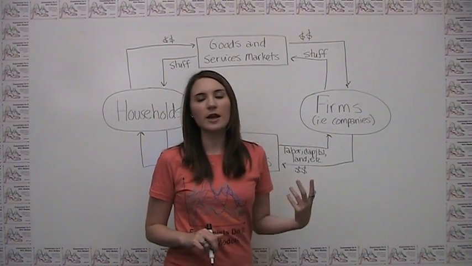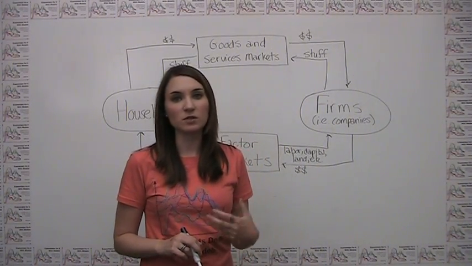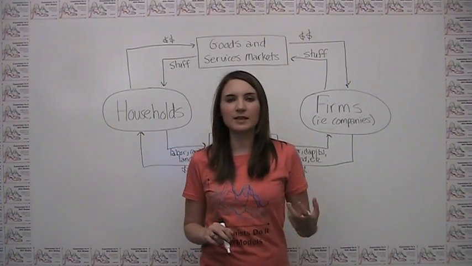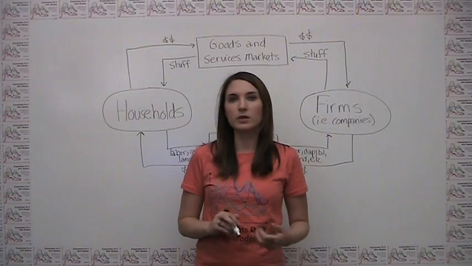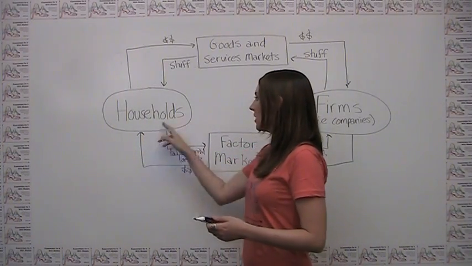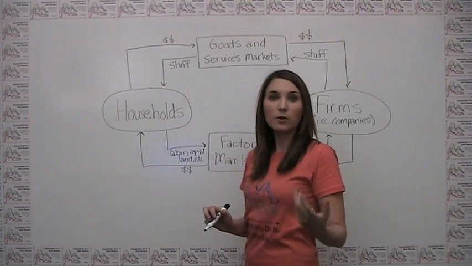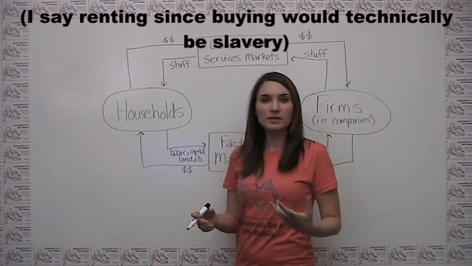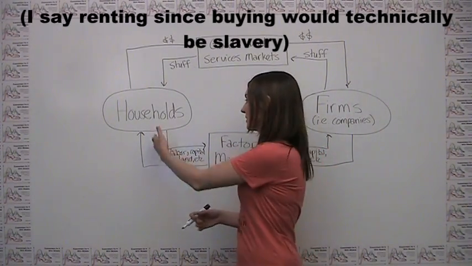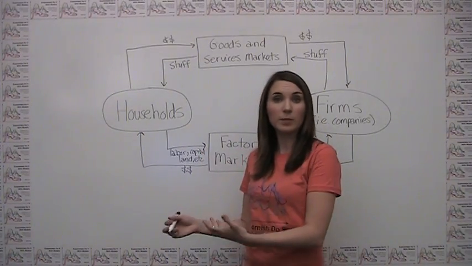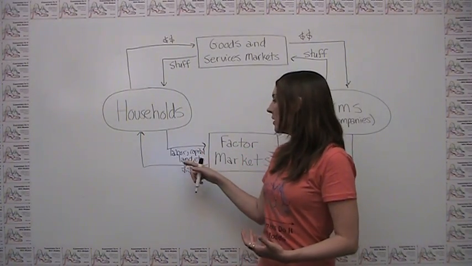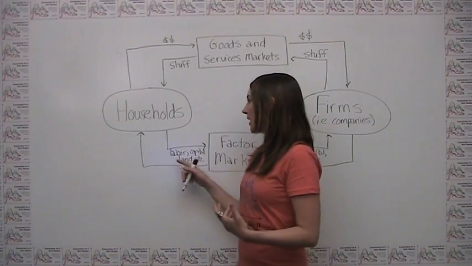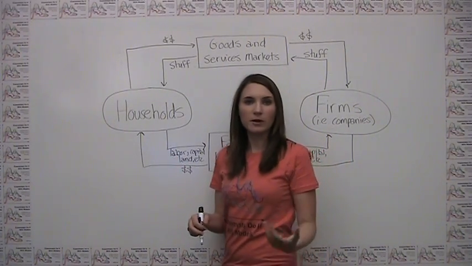It's sometimes a little counterintuitive to think about households being the suppliers of the factors of production, so it's worth taking a second to think about what that really means. A household supplying labor is pretty straightforward. Essentially, a firm is renting a person as an employee when they choose to supply their services to that company. Supplying land is also pretty straightforward, but what does it really mean to supply capital to a firm?